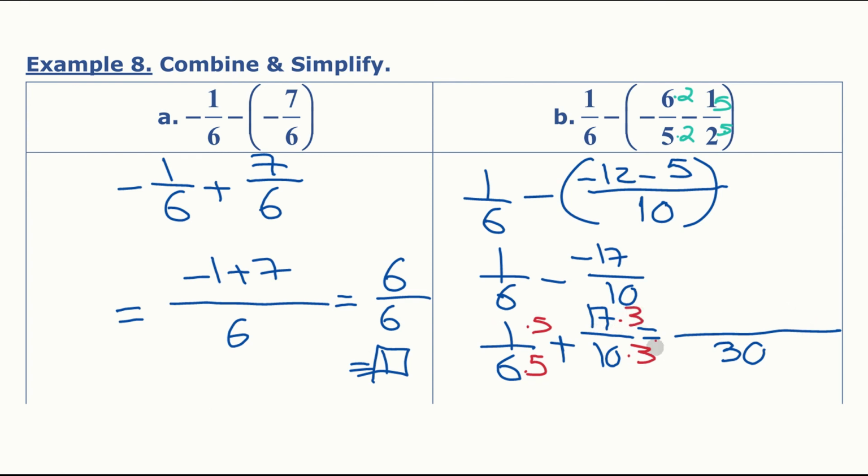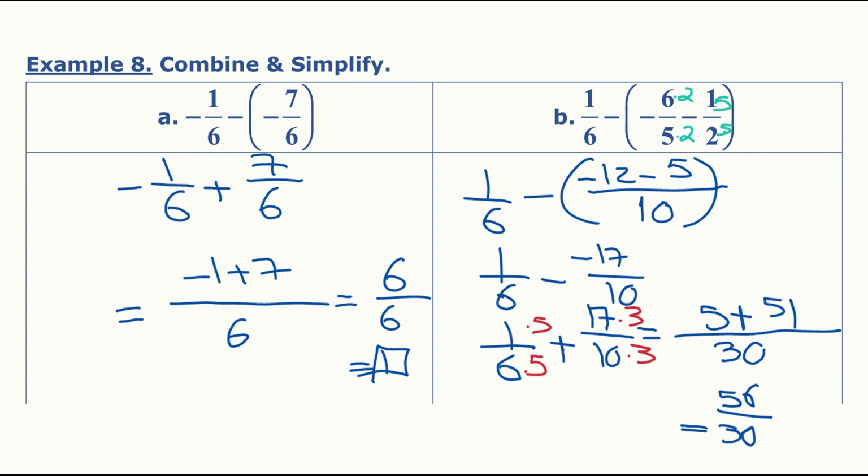So we end up with 5 plus 51 over 30, which is 56 over 30.